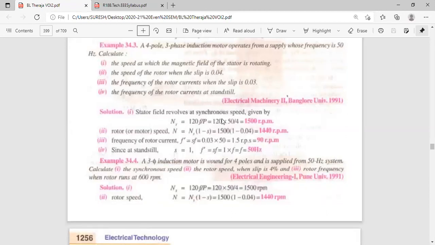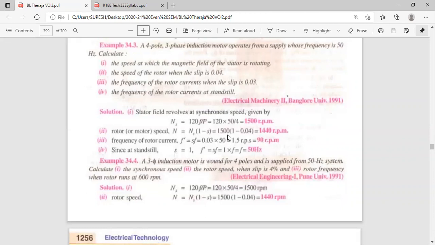See the first two bits. If you are having doubt, you can ask me. Speed of the rotor is N is equal to Ns into 1 minus S. Is it okay?